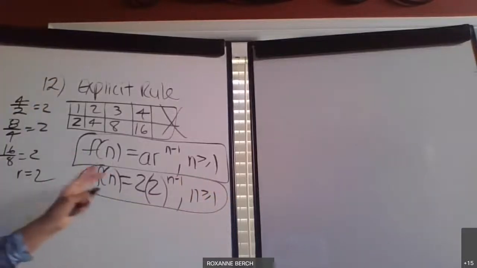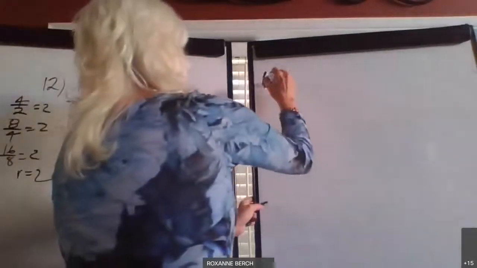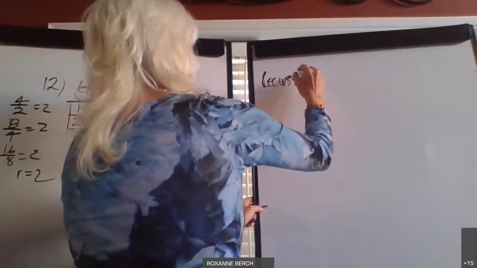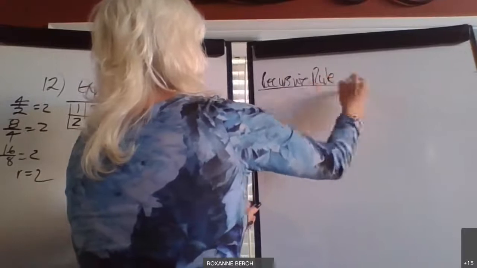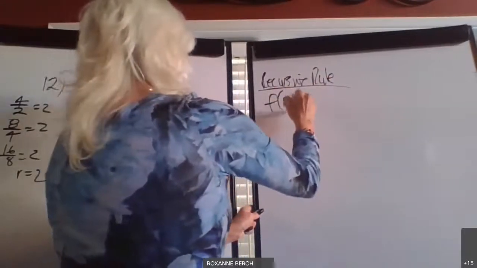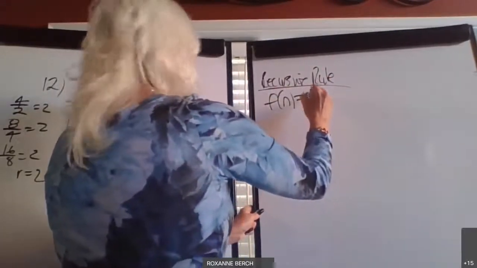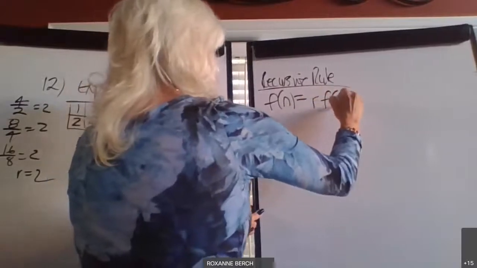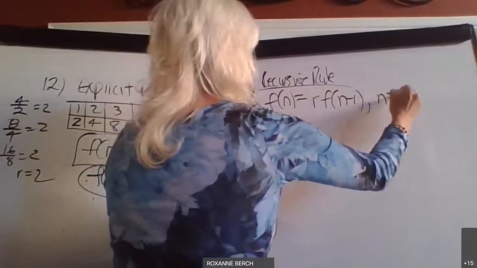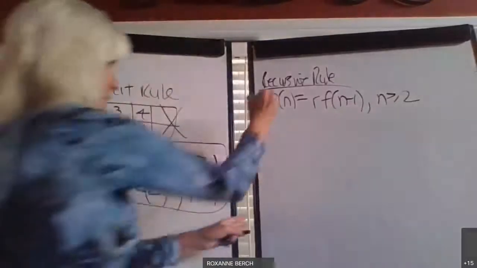My book does not say that this is what I think the right answer is. The recursive rule would be f of n is equal to r times f of n minus 1, where n is greater than or equal to 2, if this starts at 1.